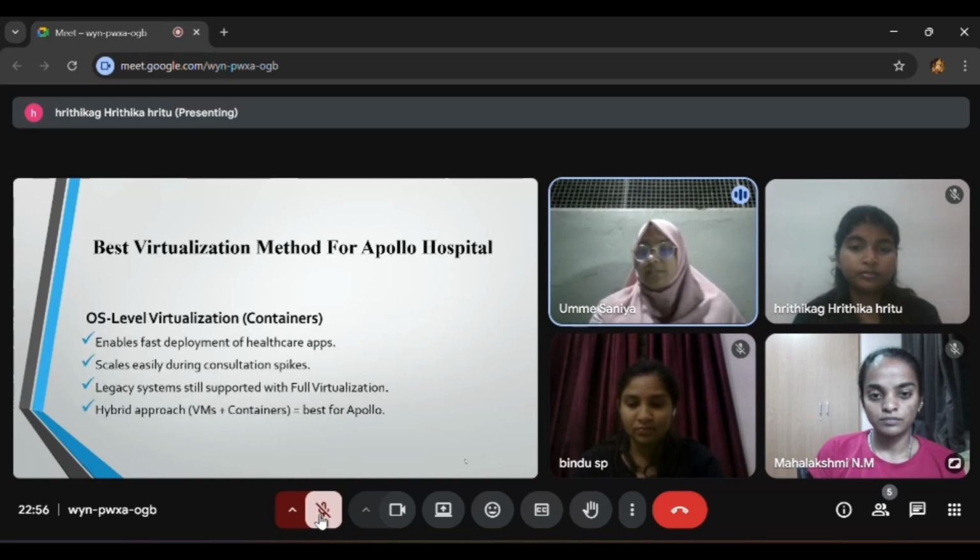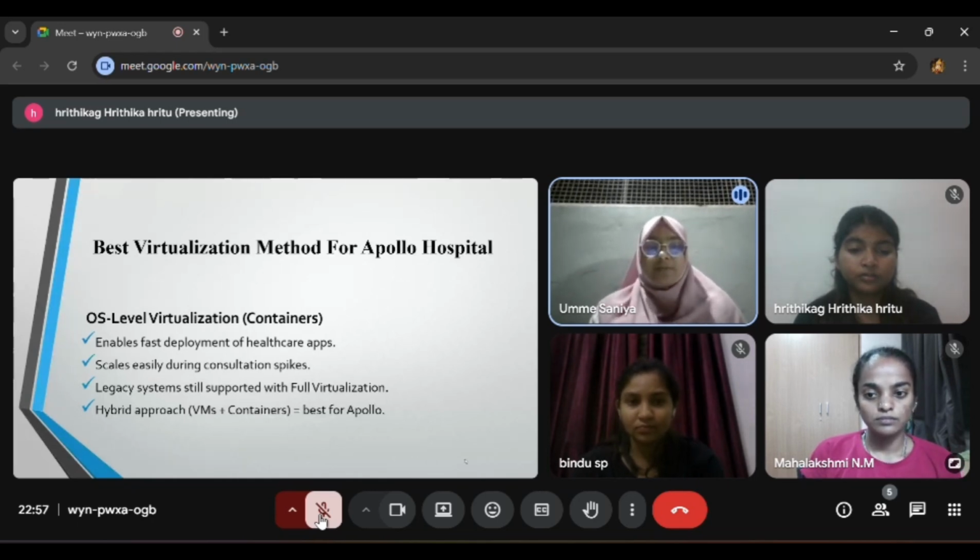Best virtualization method for Apollo. For Apollo Hospital, we chose a hybrid approach combining full virtualization and OS level containers. Full virtualization runs the legacy hospital systems that require strong isolation, whereas OS level virtualization, that is containers, runs the telemedicine apps, AI diagnostics, and all other scalable services mentioned in the PPT.